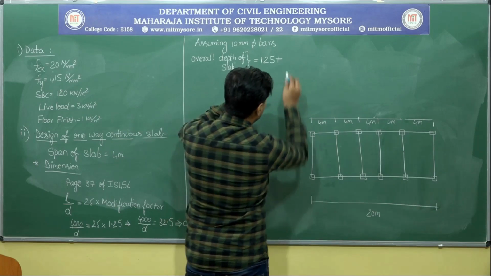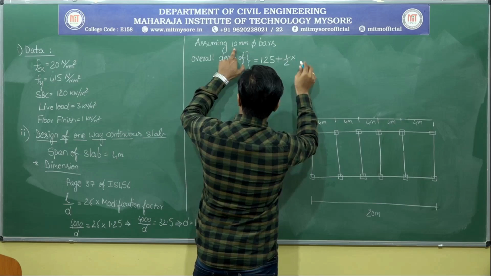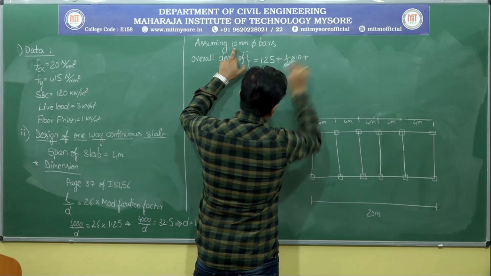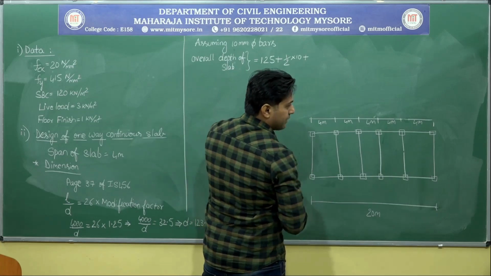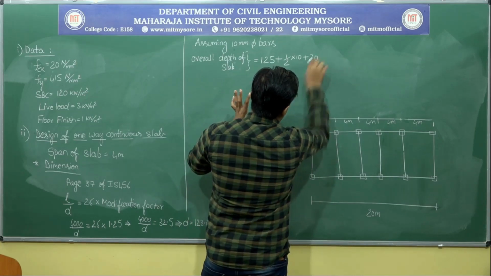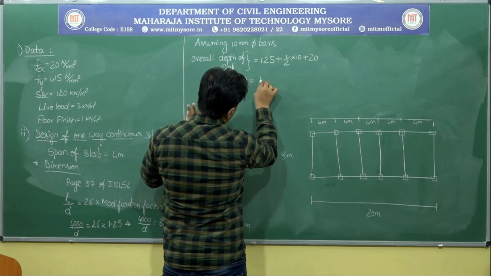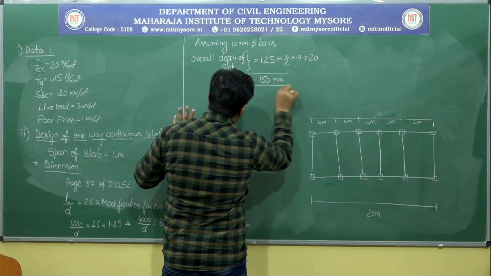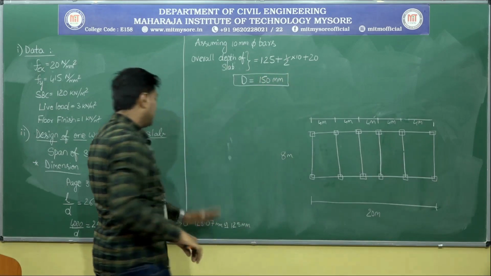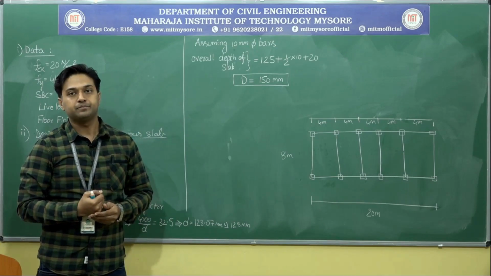It's nothing but half the dia of the bar plus, usually for slab we'll go with 20 mm clear cover. So 20 mm. So what is the overall depth? Don't you think that it's 150 mm? Now we have calculated the effective depth as well as the overall depth of the slab.